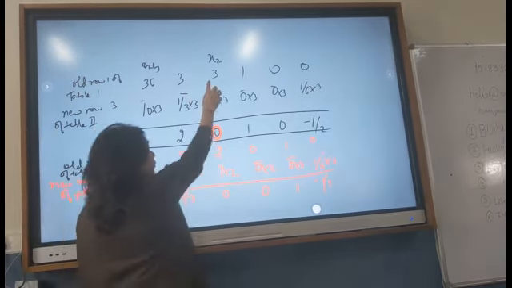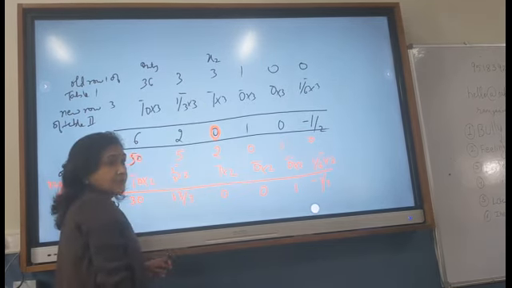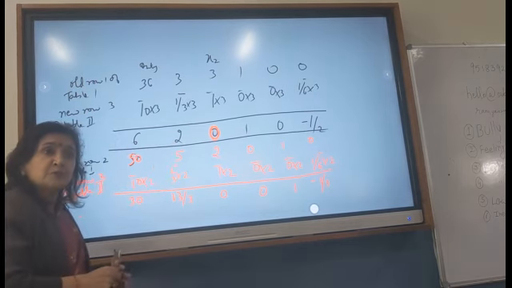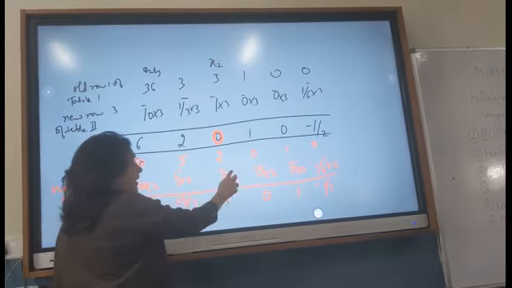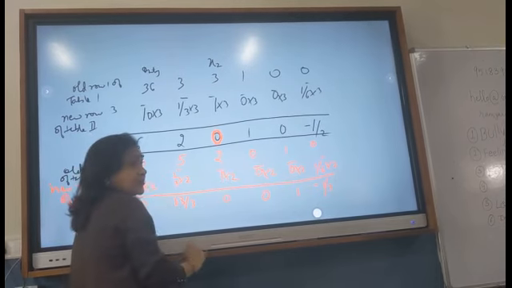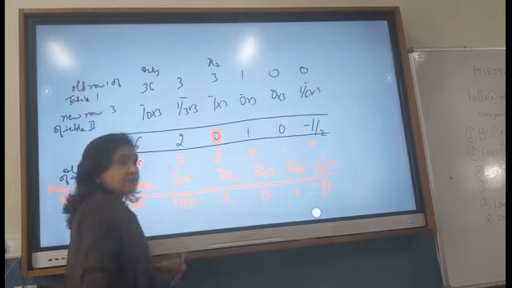Now, I have to make row operations in such a way that I want 0 over here. In the x2 column I want all the entries to be 0. So I will multiply, here it is 2, I multiply by 2 and subtract. So everything I multiply by 2 and subtract.